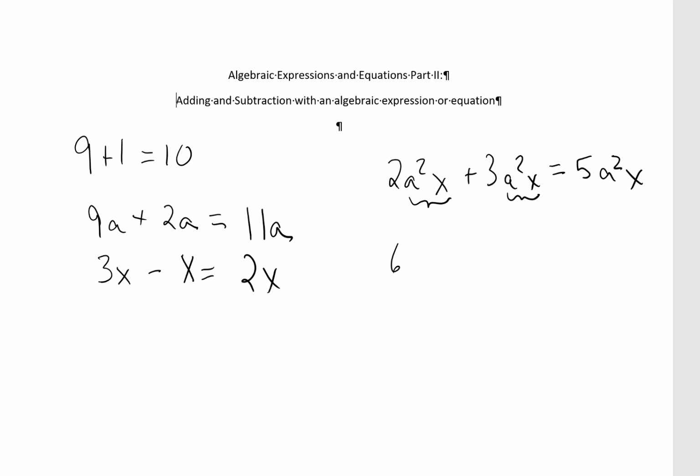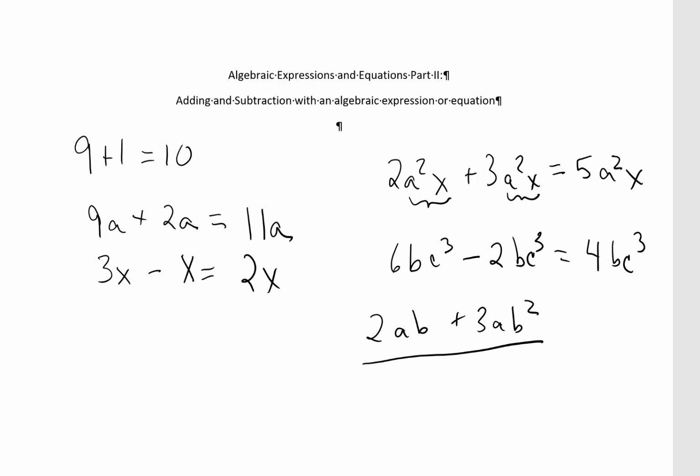Likewise, if I have 6bc to the third and I take away 2bc to the third, I would have 4bc to the third. But if I had 2ab plus 3ab squared, that is as simplified as I can get because ab is different than ab where b is being squared. So that's as simplified as we can make it.